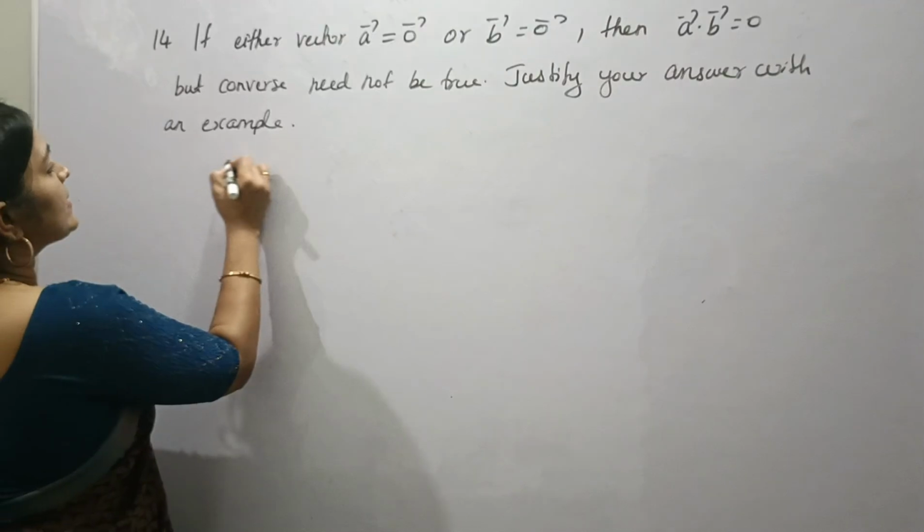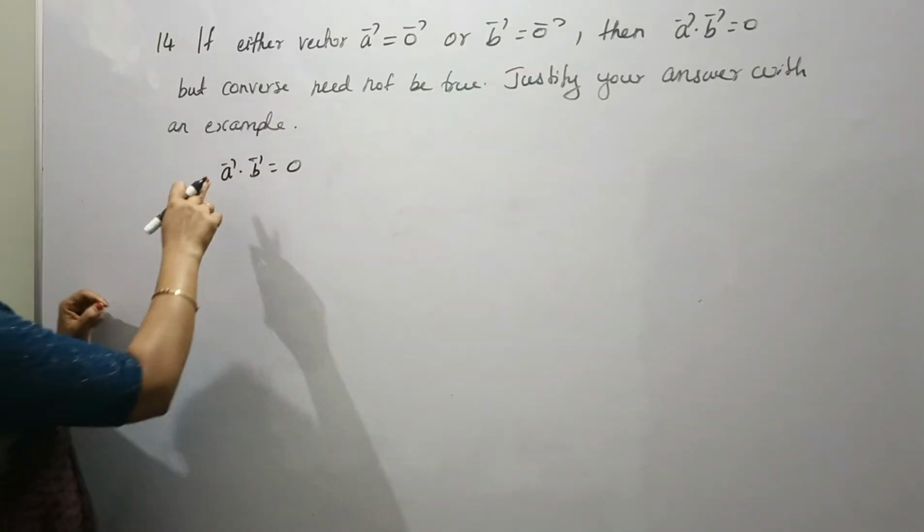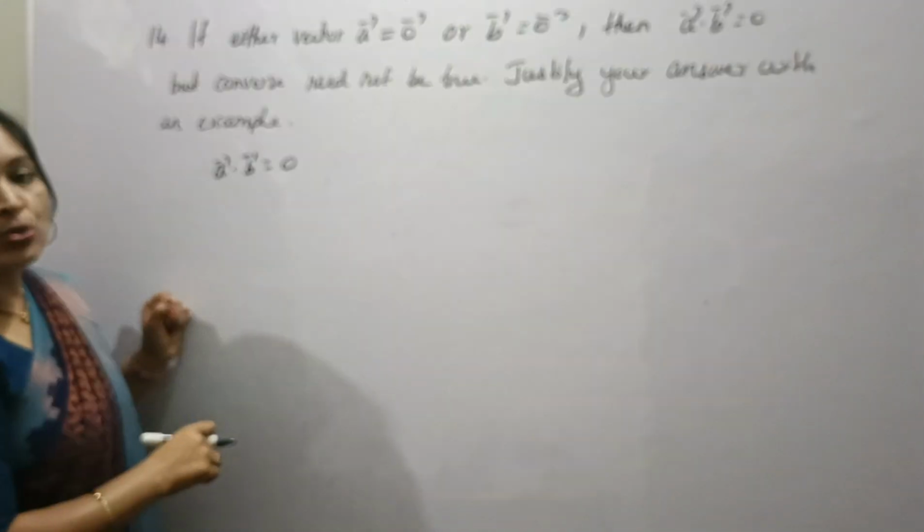So here, let's assume converse: vector a dot vector b is equal to 0. This implies modulus of vector a into modulus of vector b into cos theta is equal to 0. Why? Because vector a dot vector b is equal to modulus of vector a into modulus of vector b into cos theta, that is equal to 0.